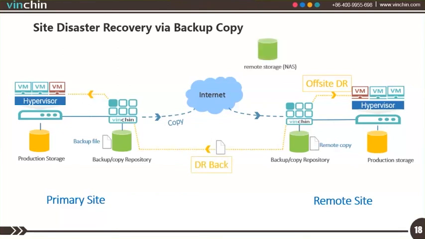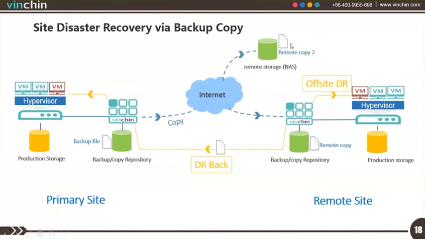And also besides that, if we don't have any remote sites with production environments, but only have one remote storage, for example, like NAS, then we can also copy the backup file via internet to my remote storage. So you have a remote copy as well.